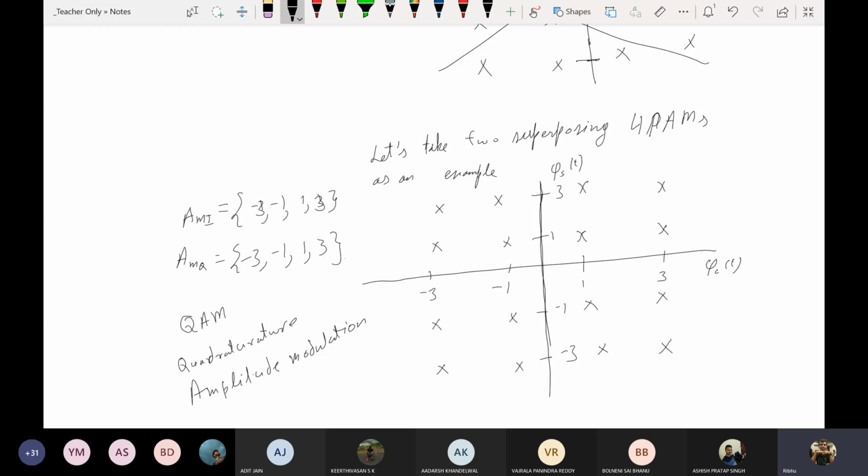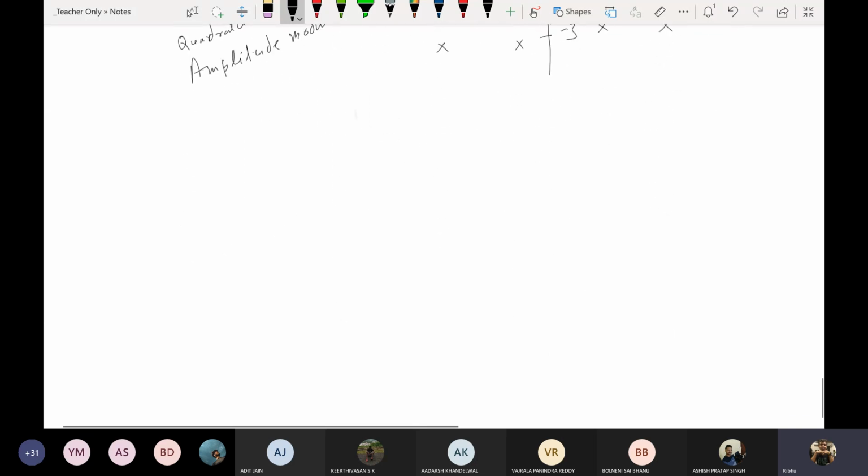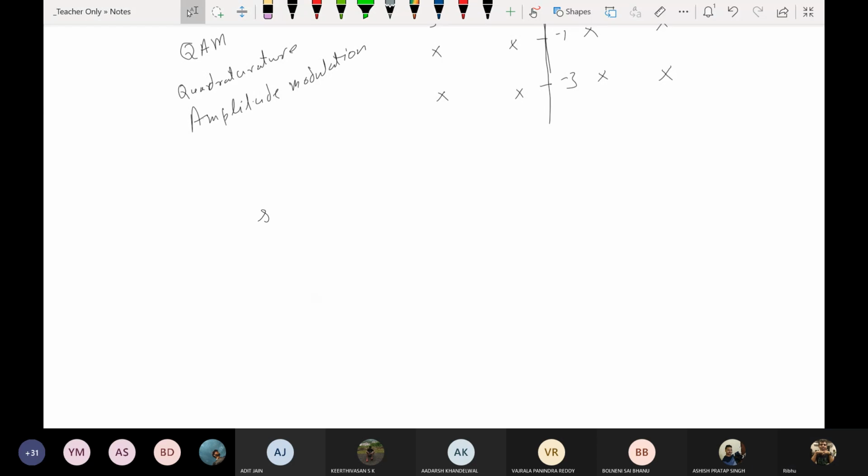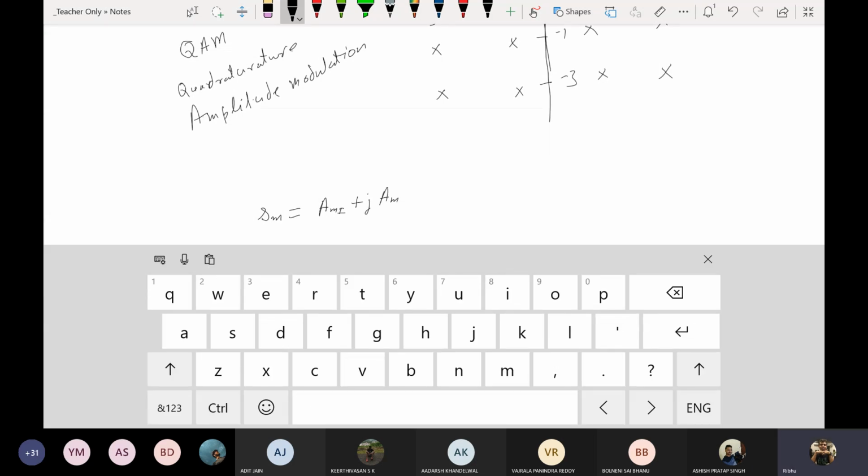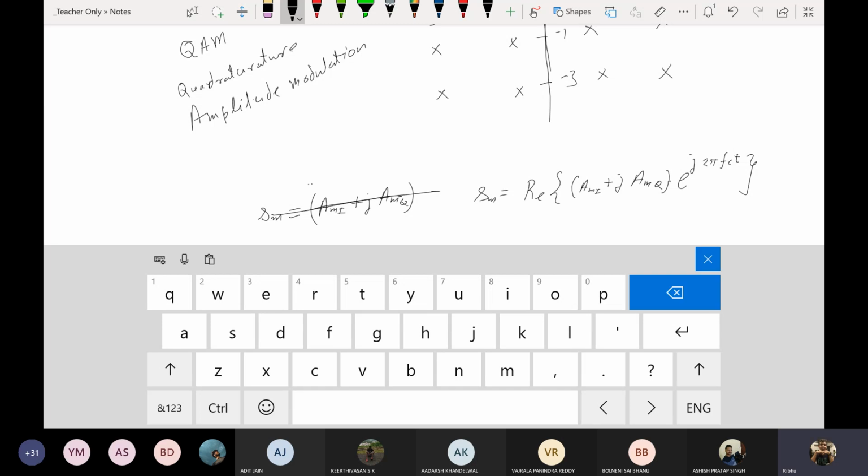But the nice thing about it is that SM equals AMI plus j AMQ, sorry, SM equals the real part of (AMI plus j AMQ) g(t) times the carrier.